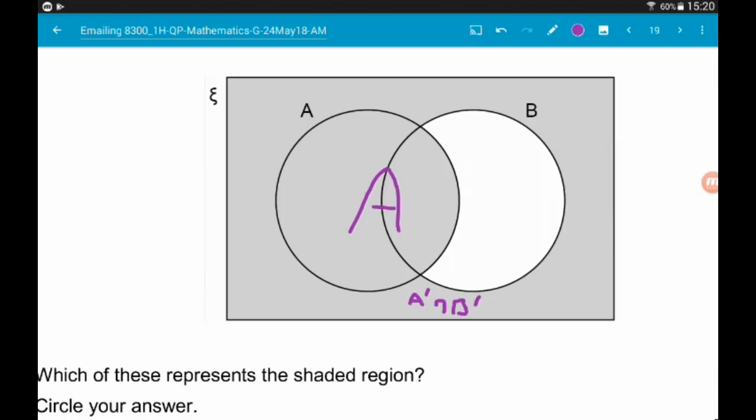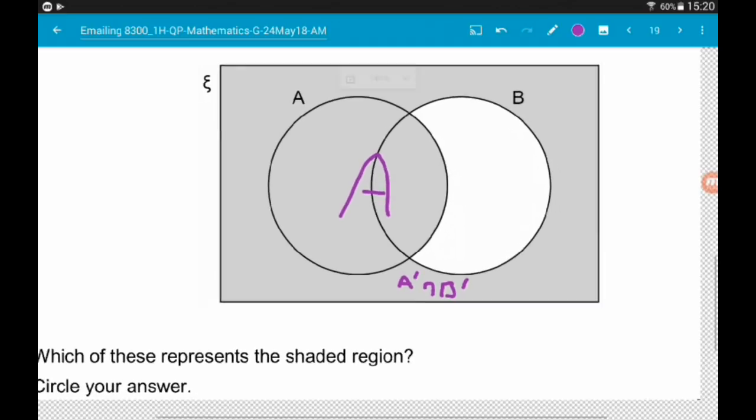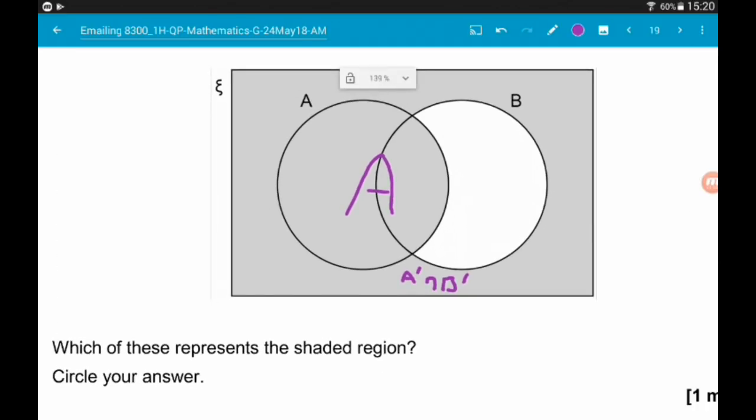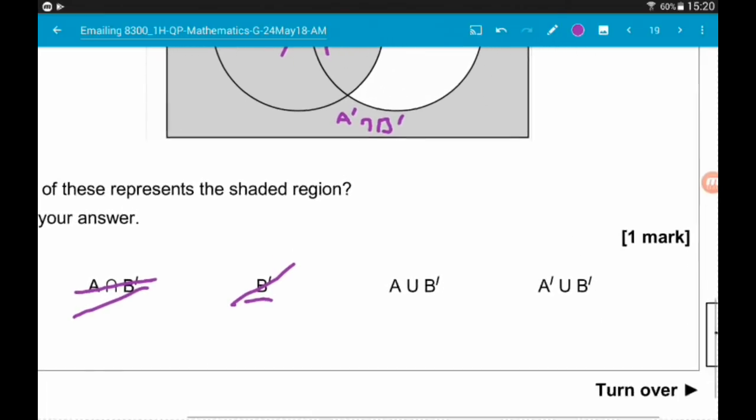So if we're inside that circle, that's A. If we're on the outside though, that's not A and not B. So this does work. We could either be A or not B at all. So it is in fact A or not B.